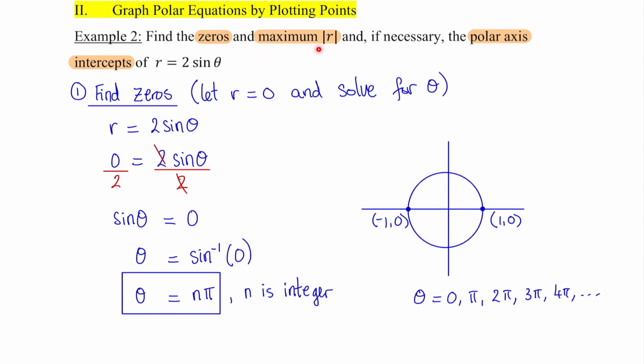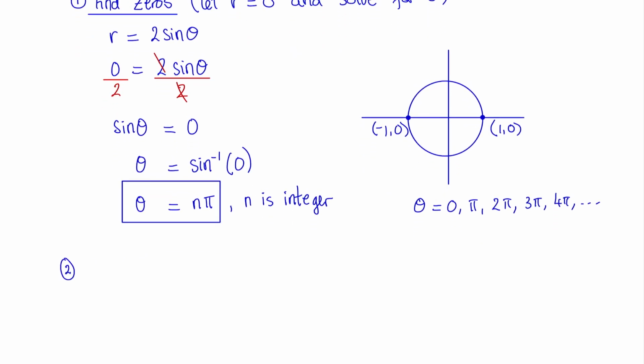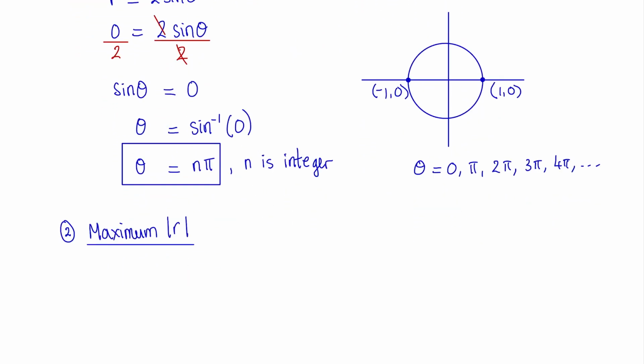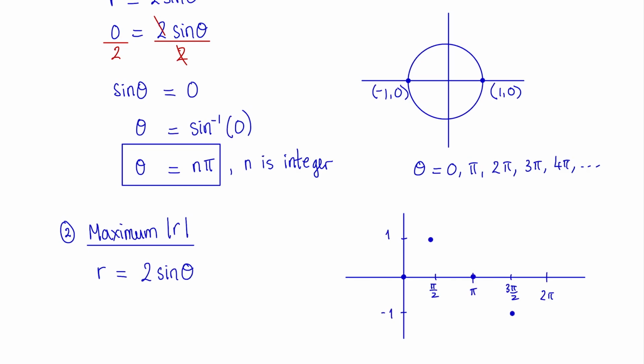Next, I am looking for the maximum absolute value of r. I have the equation r equals 2 sine of theta, and I want to know what my maximum absolute value of r is. First, let's look at the maximum of sine theta. Let's look at the graph of sine of theta. This is the graph of sine of theta in one complete cycle from 0 to 2 pi.